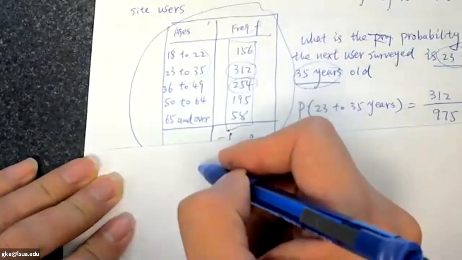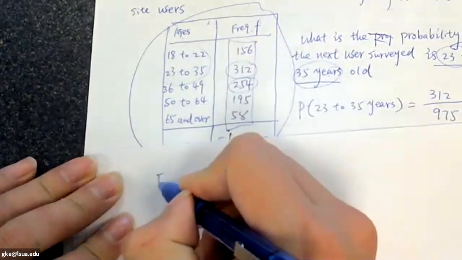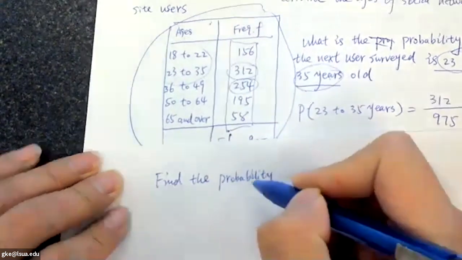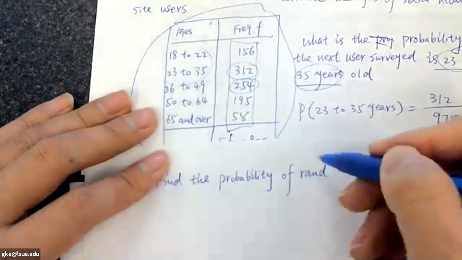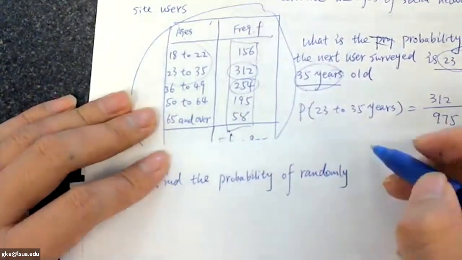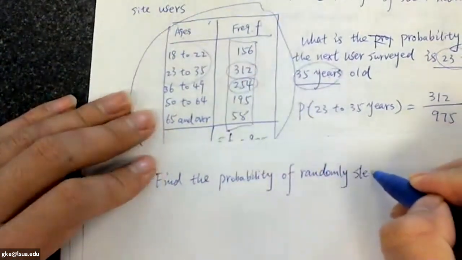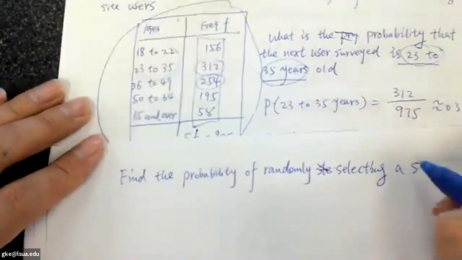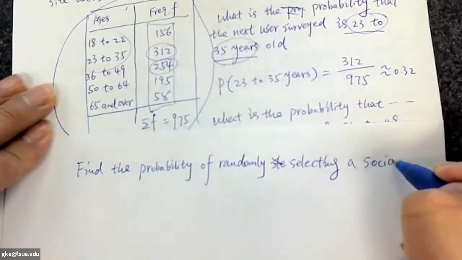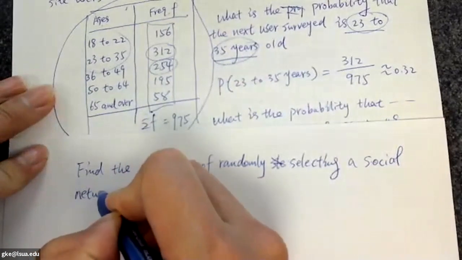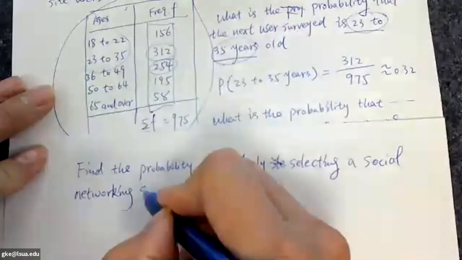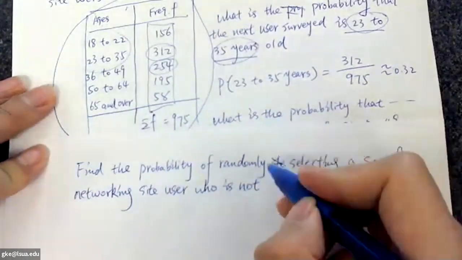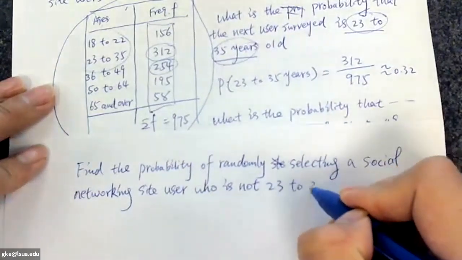Find the probability of a randomly selected social networking site user who is not 23 to 35 years old.